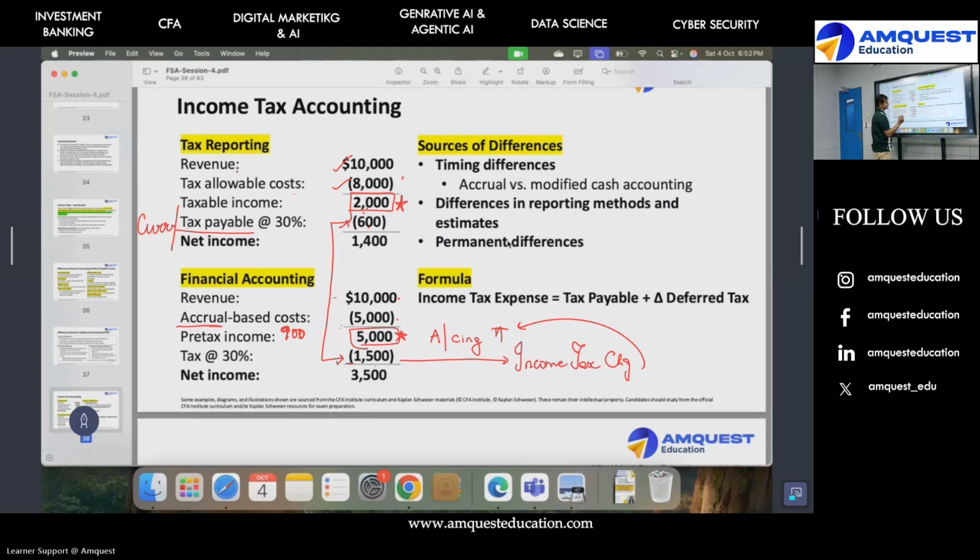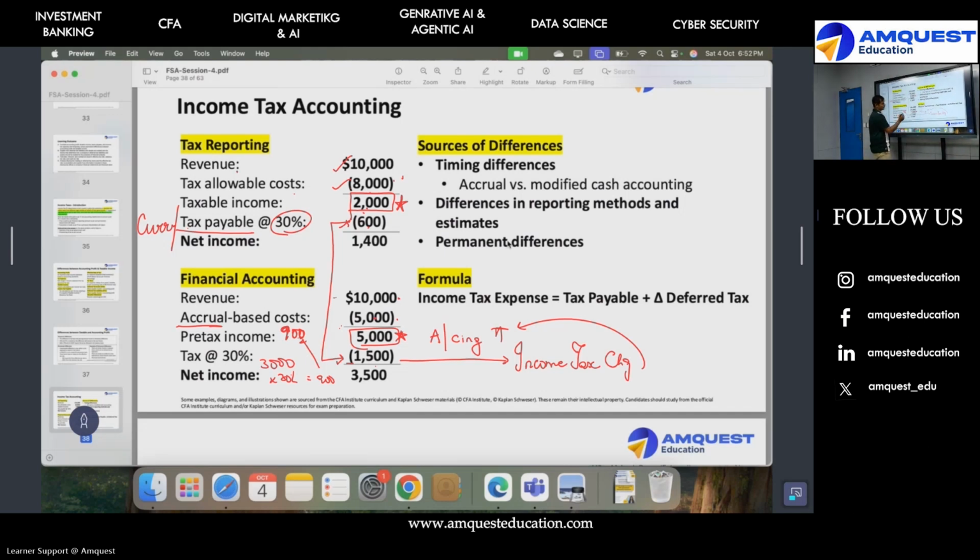So can I understand that 8,000 and 5,000, the difference is 3,000. You recorded 3,000 less. Your tax is 30%. 3,000 into 30% is equal to 900, which is the reason. So you could have got the difference by even doing a shortcut: difference into 30%.